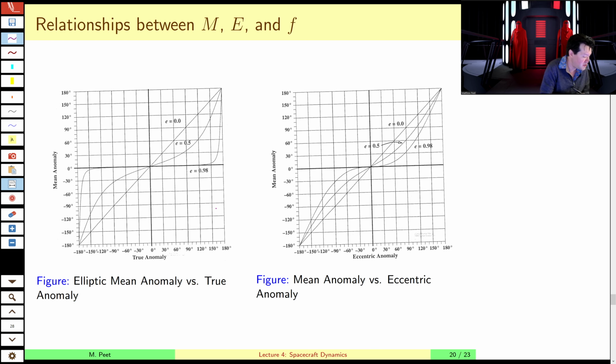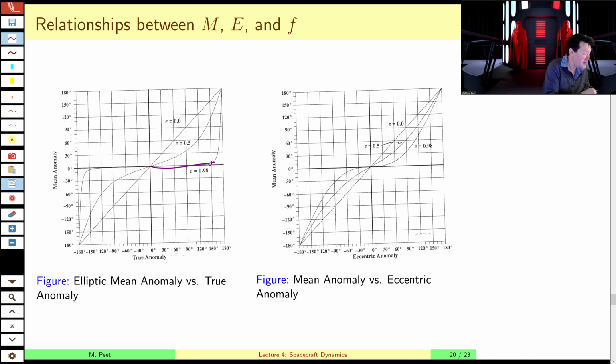note this is one of the reasons we use mean anomaly: it behaves slightly better with Kepler's equation. For example, for large eccentricities, if we look at the solution of true anomaly versus mean anomaly, these derivatives get very large, or very, very shallow.